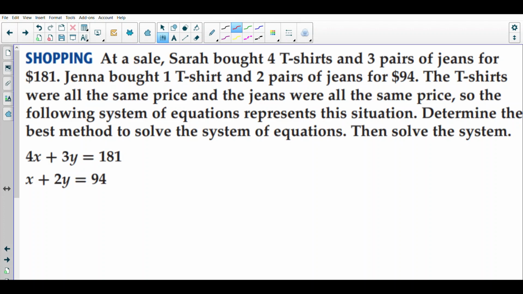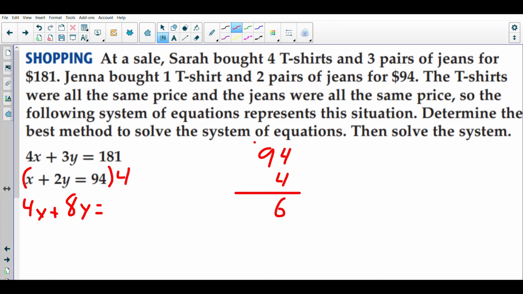So in order to do this, I would have to multiply the bottom one by 4. And that would give me 4x plus 8y is equal to, we've got to do a little math in our head. Let's just do a little scratch work here so we don't make any mistakes. Carry the 1. 4 times 9 is 36, so I get 376.